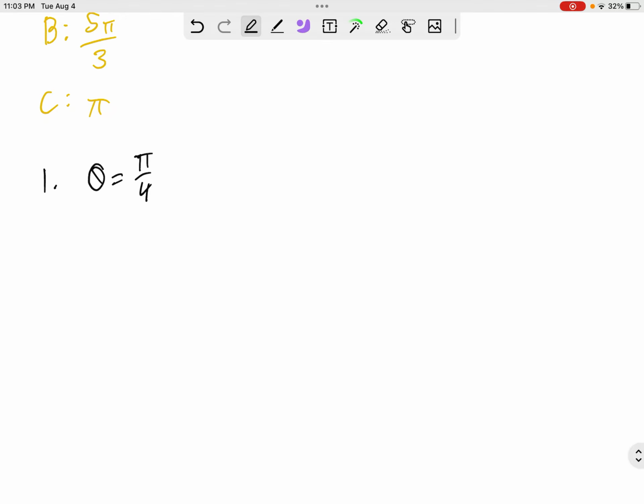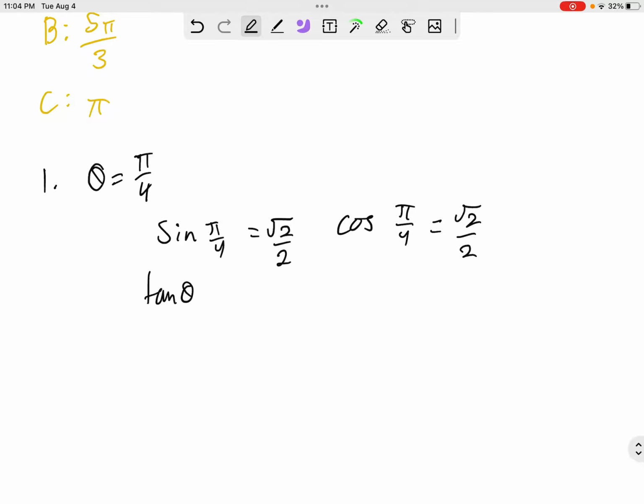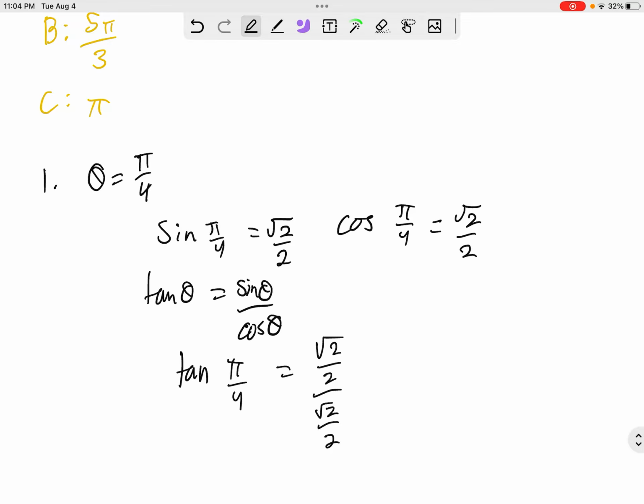The known values are sine of pi over 4 is root 2 over 2, and cosine of pi over 4 is root 2 over 2. So we'll use the tangent formula: tan theta is sine theta over cosine theta. We'll substitute in the values. Tan of pi over 4 equals root 2 over 2 over root 2 over 2, which is equal to 1.